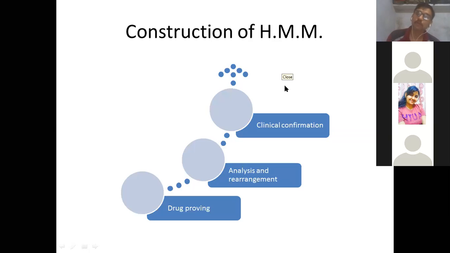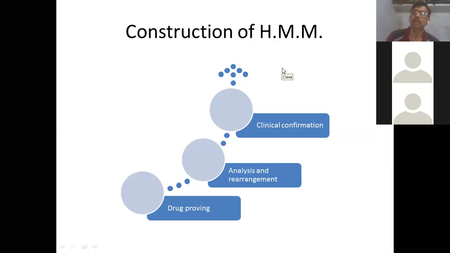Some homeopathic physicians will prescribe on the basis of that thirstlessness, and once that prescription gives relief to the patient, then it is said that yes, this drug has definitely proved this symptom of thirstlessness. Now I will explain it more.